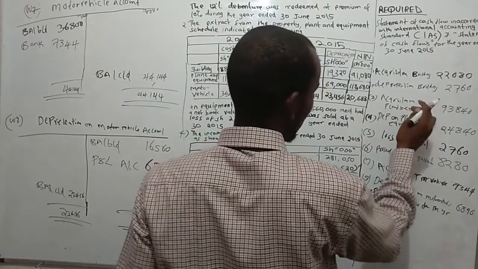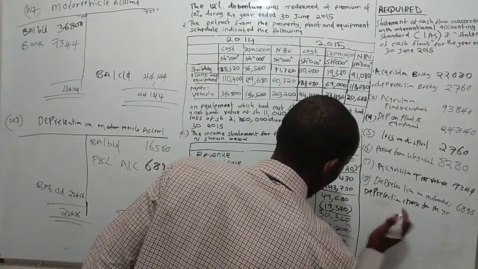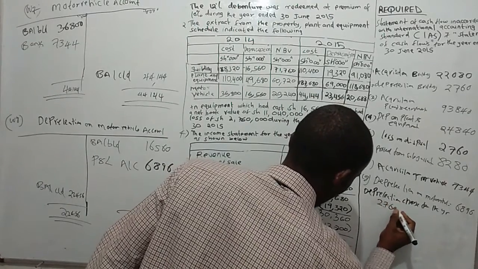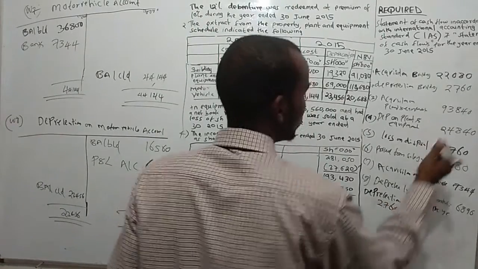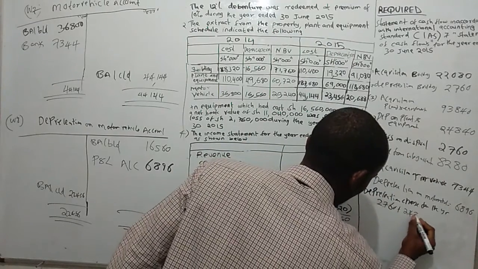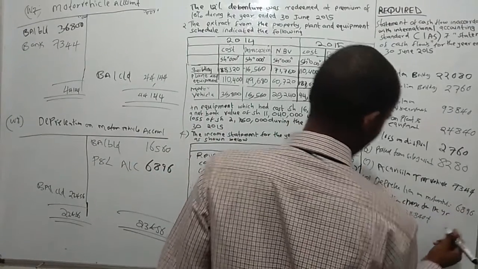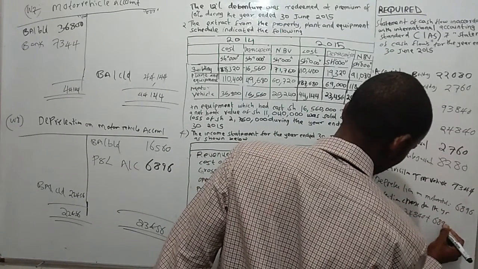We are going to take the one for building 2,760, we add to the one for equipment 24,840. We also add the one on motor vehicle, 6,896.